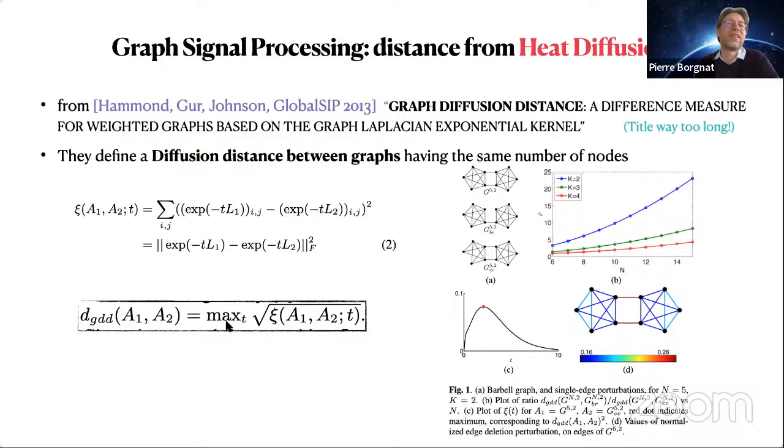And then he shows that the maximum over all the possible diffusion times of this distance between the two kernels gives a proper distance with all the required properties of a distance. And then he explores here on a simple barbell graph with a perturbation of edges how the distance behaves. Here you have the distance as a function of the diffusion time.